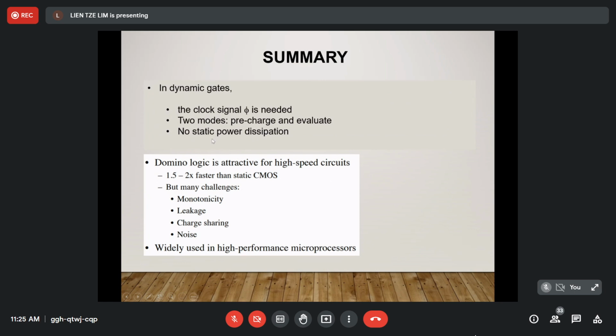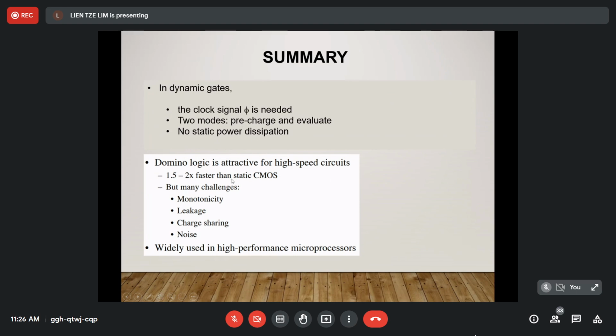Since this is a dynamic circuit, the power dissipation involved will be of other types, but not static power dissipation. And domino logic is attractive for high-speed circuits. The speed is 1.5 times or double that of static CMOS.